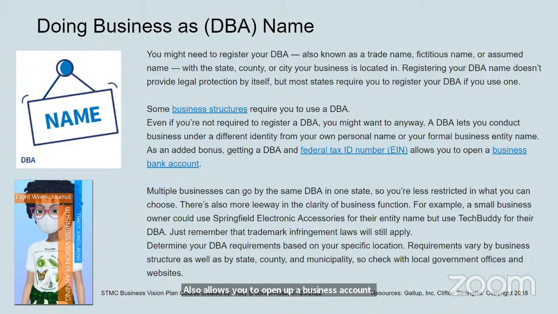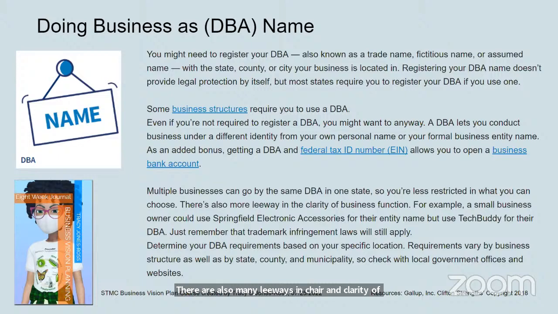So we want you to do a doing business as, so we can get your business account opened at the bank. Multiple businesses can go by the same DBA in one state, so you're less restricted in what you can choose. There are also many leeways in clarity of business function.